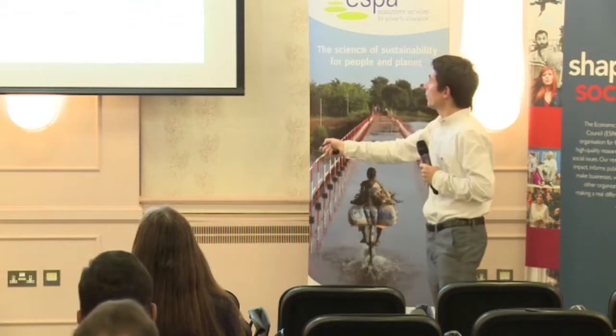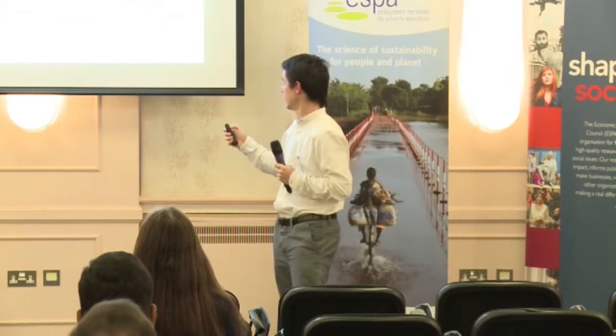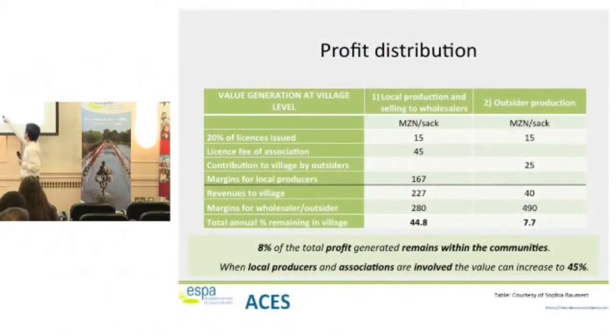This produces a difference when we compare the revenues that stay in the villages from the production of charcoal. If it's produced by the local producers, up to 45% of the revenues stay in the villages in different forms. But if it's done by the outsider operators, only around 8% of the revenues stay in the villages.